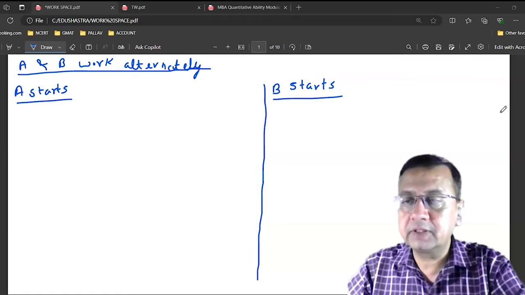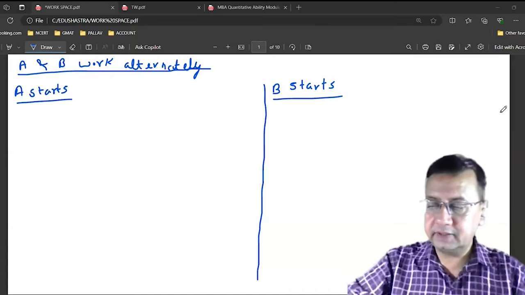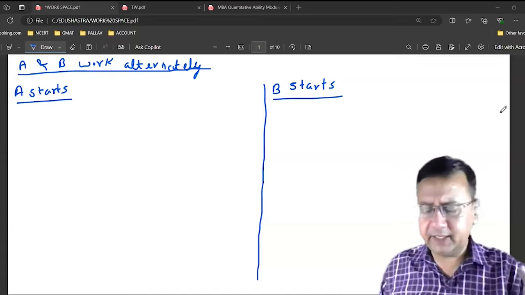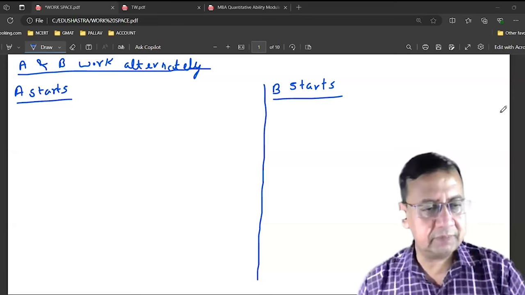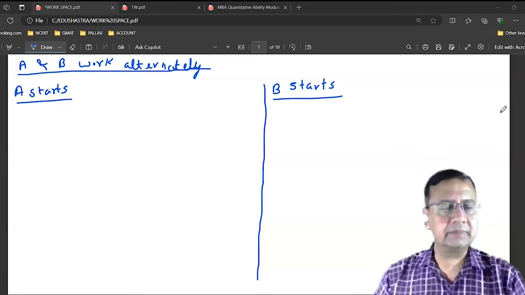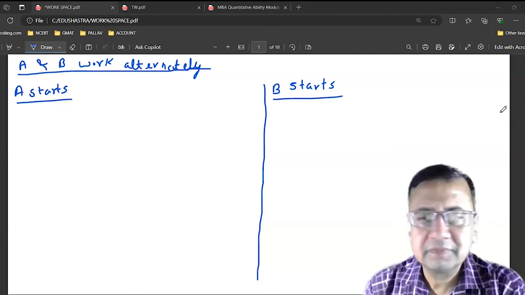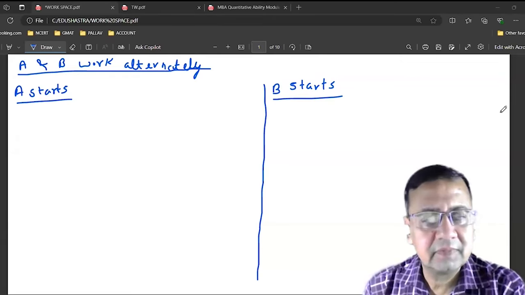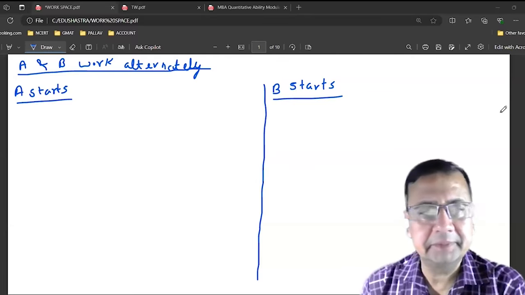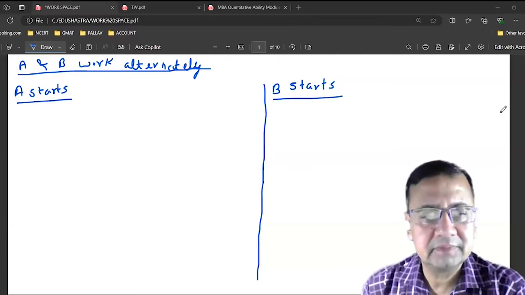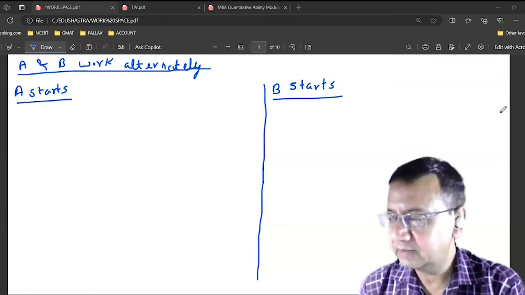Now, the second thing we have to understand. Manan, see this. Suppose there is any game you feel like playing. Which is your favorite game? Badminton. Right.